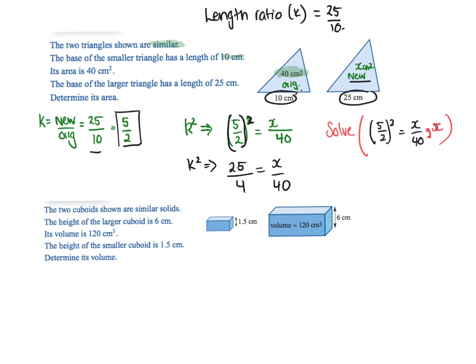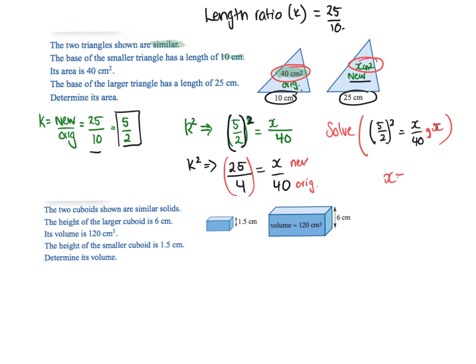We are comparing the areas, because I want to know the area of the new one. The area of the original is here, and this is the area of the new one, compared with K squared. You can just pop that into your calculator and solve for the area. I might just pause.